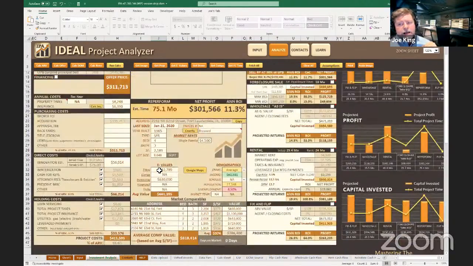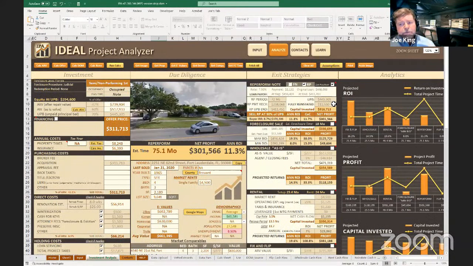Coming back up to the top, if we look at the reperforming section, now that we've changed what we did down there, it's telling us that our hold time is 72 months. And at the end of that 72 months, if we were to sell that and capture 90% of the unpaid principal balance, it would put the buyer of that note at that time at an 8.7% internal rate of return.